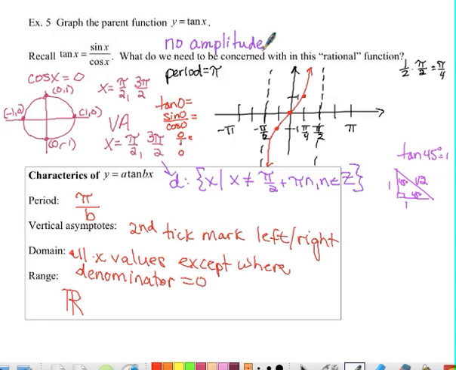Does anybody have their notes from yesterday? What did I have you write down as the definition of amplitude for cosine and sine? Anybody have it? Okay, it was the absolute value of A, but in words, what did it mean? Kaylee? 1/2 minus, or maximum minus minimum.